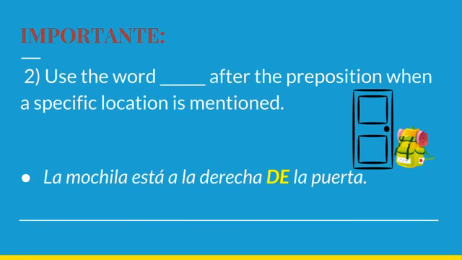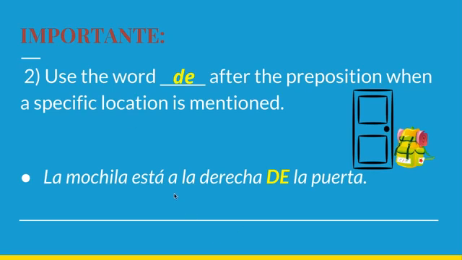Second major rule, you're going to use the word de after pretty much all of these prepositions. And you probably noticed that when you were writing down prepositions in the chart earlier, that it had de after all of the words. So after the location word is mentioned, you're going to use de. For example, la mochila está a la derecha de la puerta.